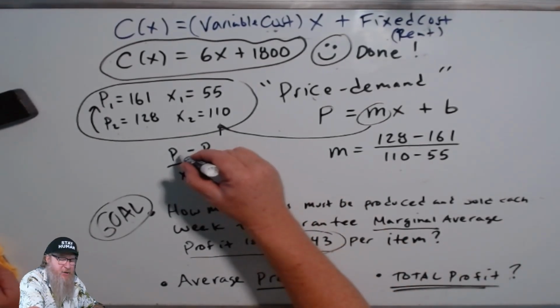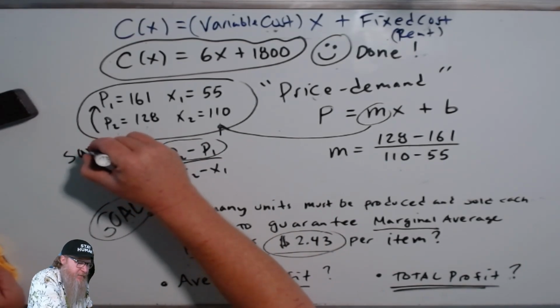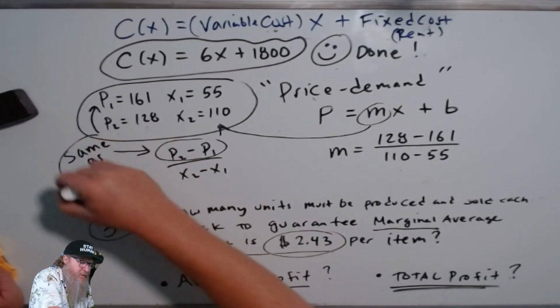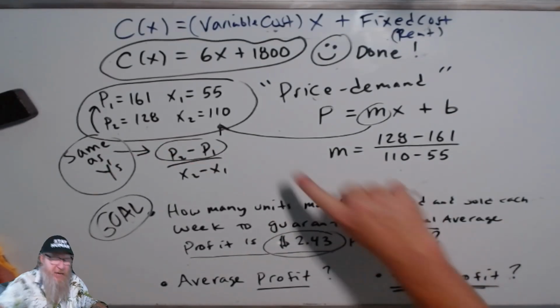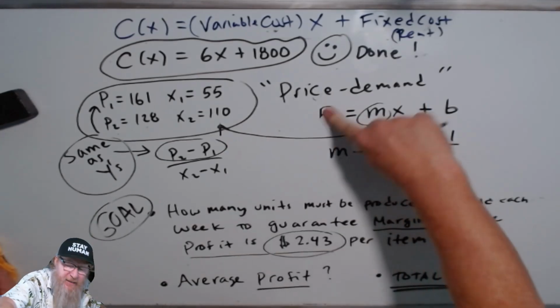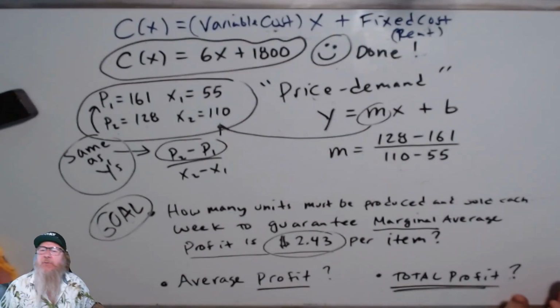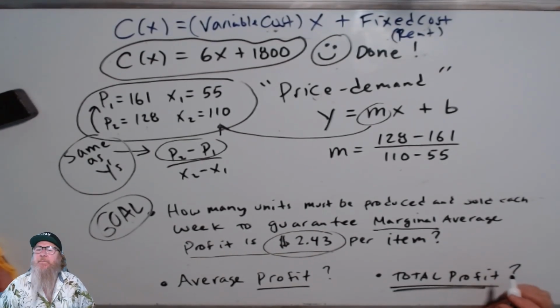Which is why I said you could use Y's. From basic algebra, your P's are just like your Y's. So if it makes it easier for you, then just call it Y equals MX plus B. That's the same thing. Okay.